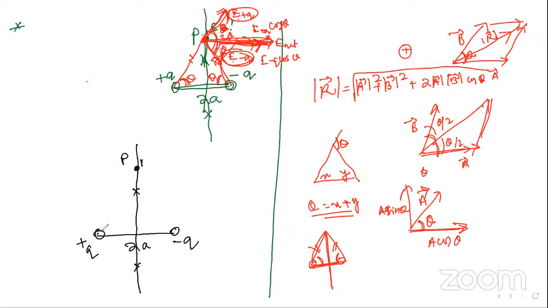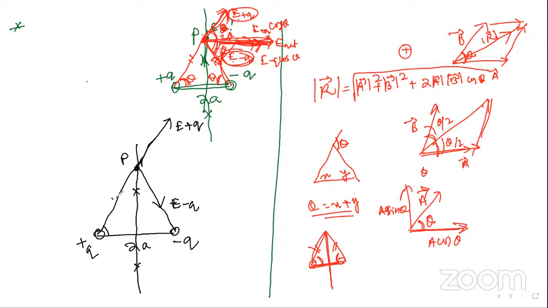Due to this plus Q charge, the field will be E plus Q, which will be away, the arrow mark will be away. And due to minus Q charge, the electric field will be towards, this will be E minus Q.